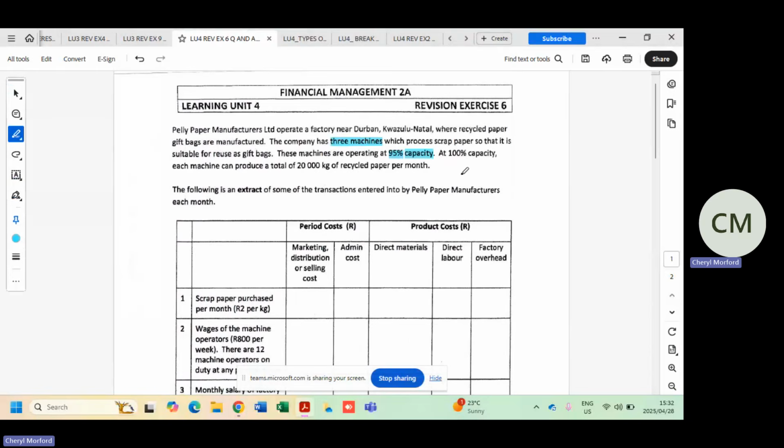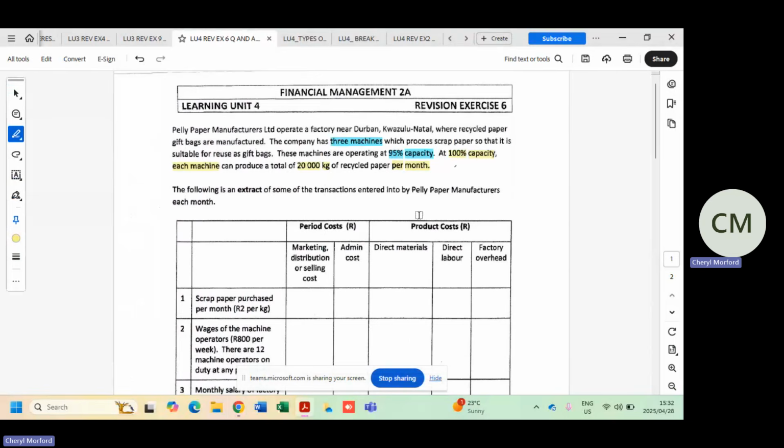That's important because it affects our total output, so we'll have to go via the 100% capacity and adjust that. At 100% capacity, each machine, because remember there are 3, can produce 20,000 kgs per month. Every little piece of information is relevant.